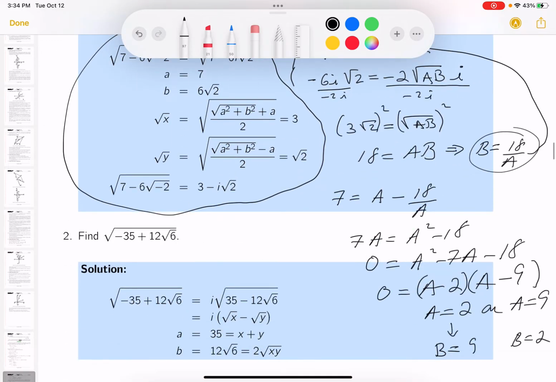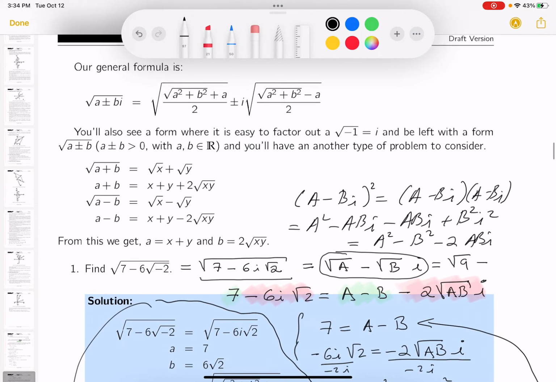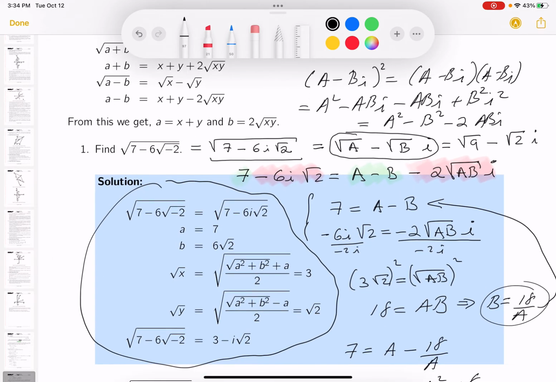Minus, let's keep going, root 2i. The root of 9 is 3, minus root 2i. All right.